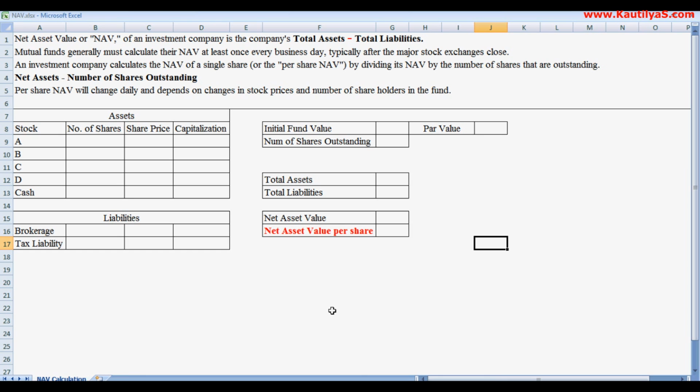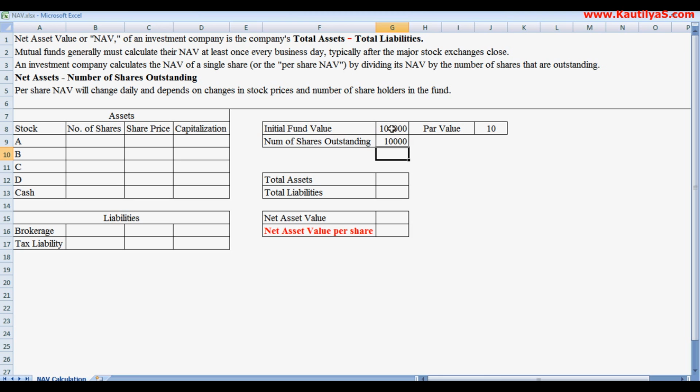a fund from scratch, assuming that the initial fund value is 1 lakh, with a par value of 10 per unit or per share. So the total number of shares will be the total initial fund divided by the par value, that is the per unit value of a share. So we get the initial number of shares outstanding as 10,000.